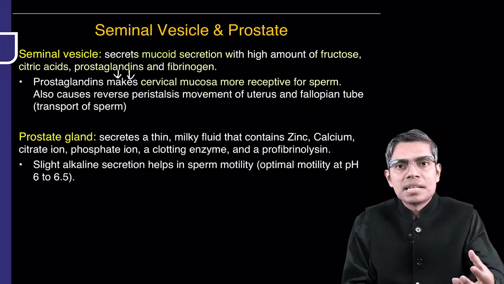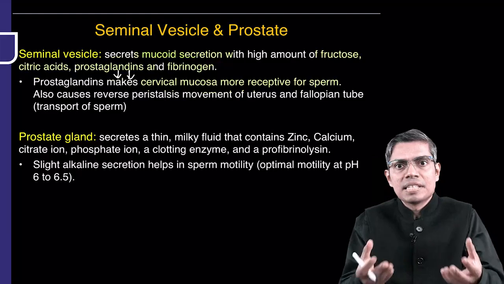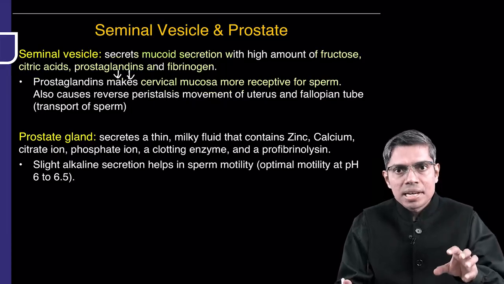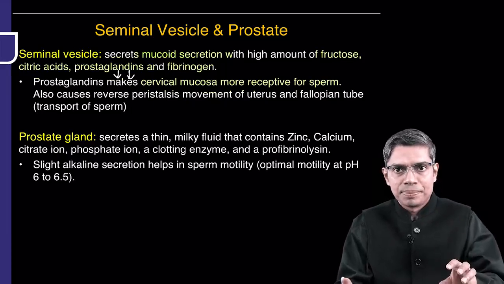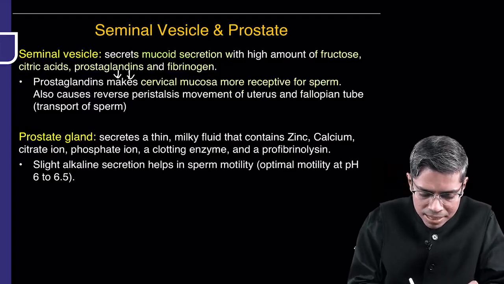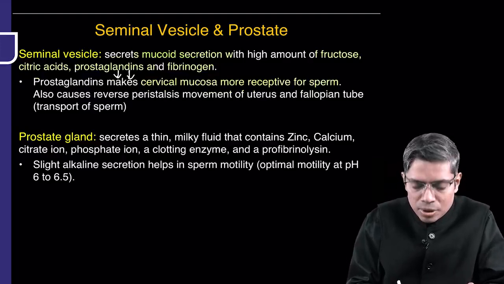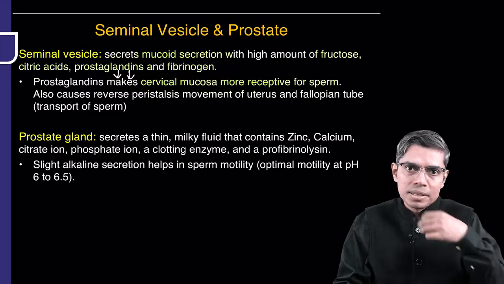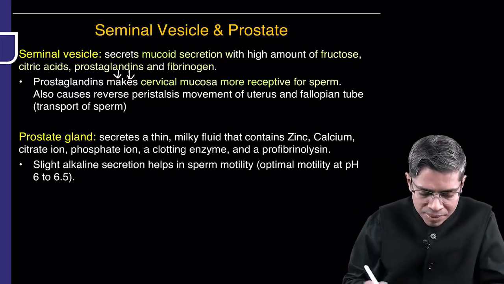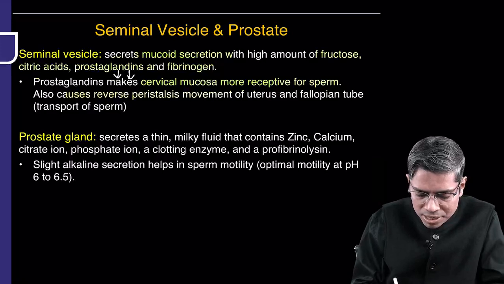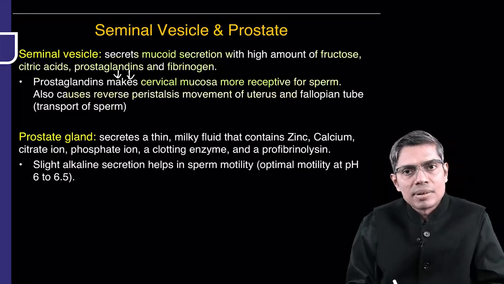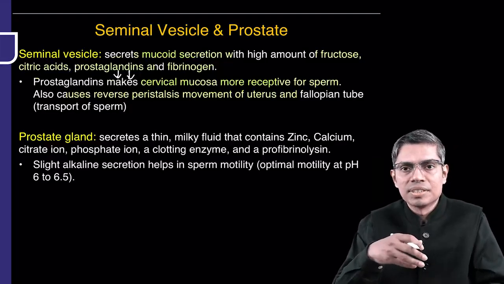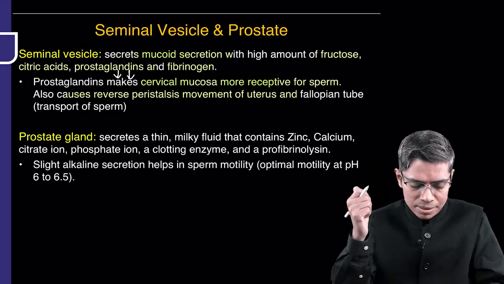So when the semen is ejaculated at the level of the vagina and female reproductive tract, the prostaglandin component of the semen, which is secreted from the seminal vesicle, makes the female cervical mucosa more receptive for the sperm. It will take the sperm more avidly, right? Now also it causes reverse peristalsis movement of the uterus and the fallopian tube, so that the sperm will be easily transported from the level of the vagina up to the level of the isthmus, right?